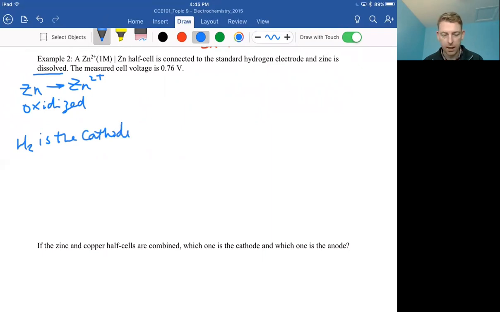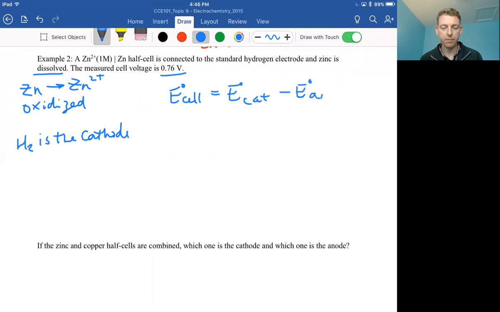Okay. And again, here we have our E cell. And it's still going to be equal to the half reaction of the cathode minus the anode. So this is 0.76 volts equals, now the cathode is 0.0 volts minus the standard cell potential for the zinc reaction, right?